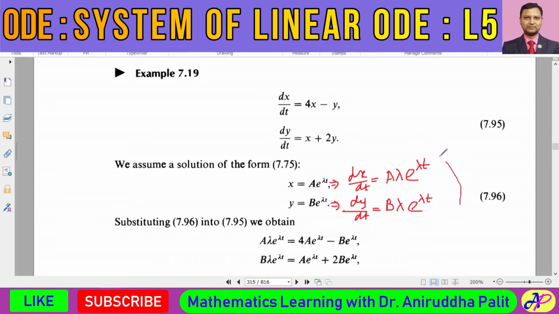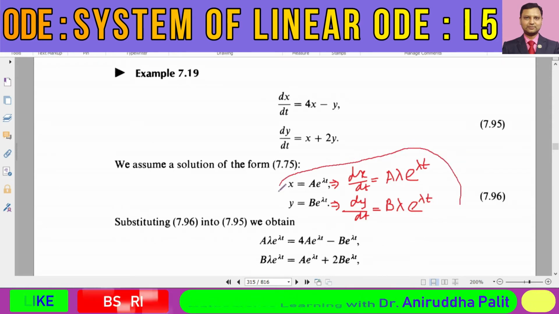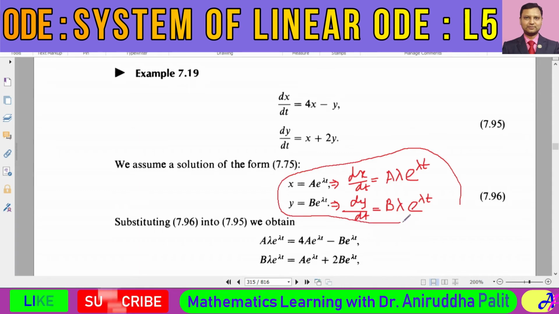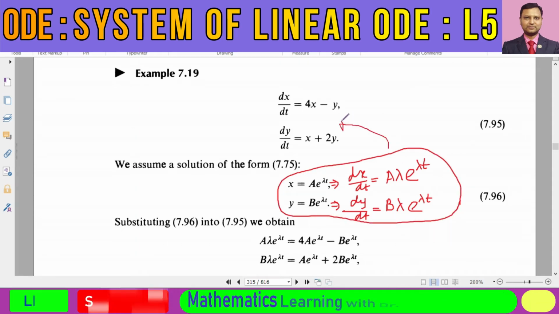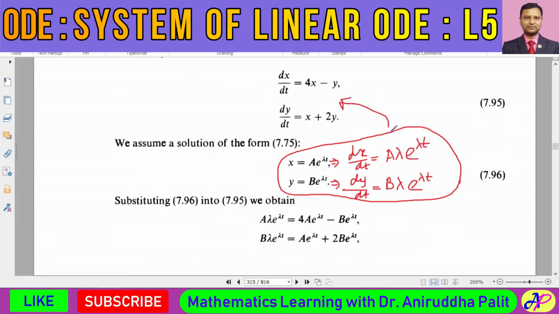So if we use all these expressions of x, y and their derivatives dx/dt and dy/dt in this relation, what we get?